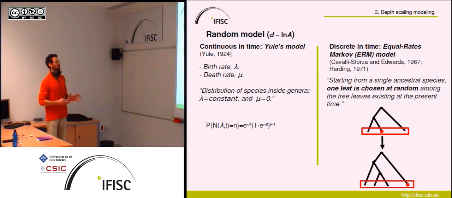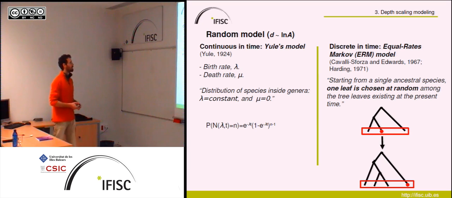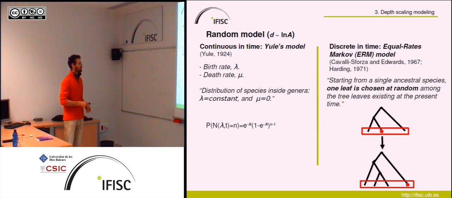The special case that Yule considered for the characterization of the distribution of species inside genera was a process with constant birth rate and death rate equal to 0. For this, he obtained that the distribution of the number of species inside genera followed a geometric distribution.